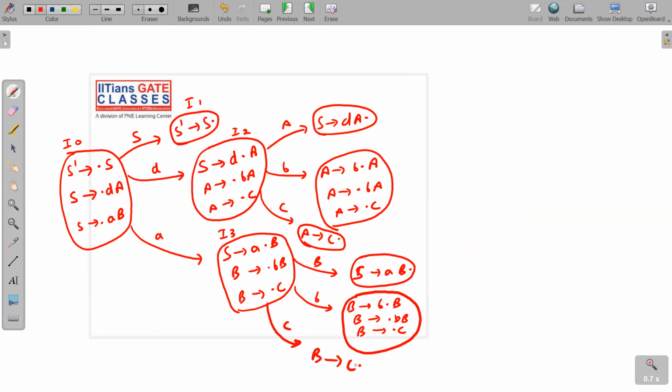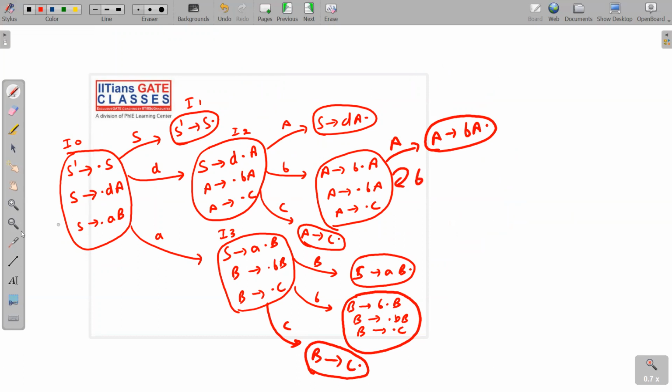We will go to B goes to C dot. After reading capital A, we will go to A goes to B A dot.